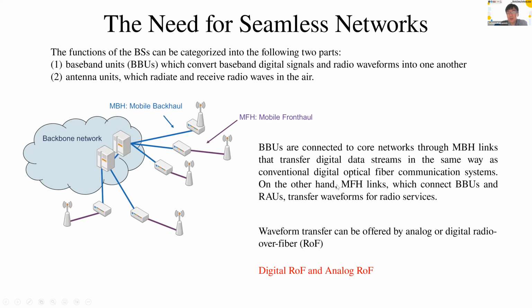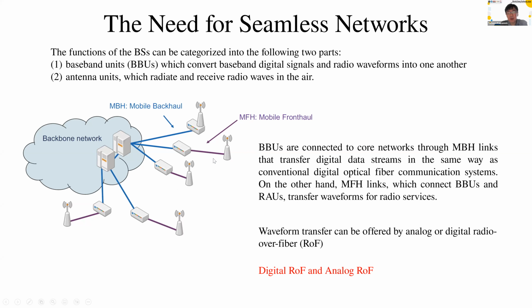On the other hand, mobile fronthaul, MFH, connects the baseband unit and the remote antenna unit. The purpose of the mobile fronthaul link is to transfer waveforms for radio services. So in that part, we have to transfer waveforms. In the blue lines, we can transfer digital signals.